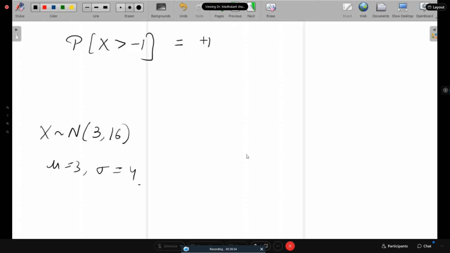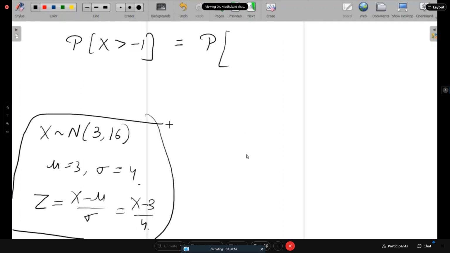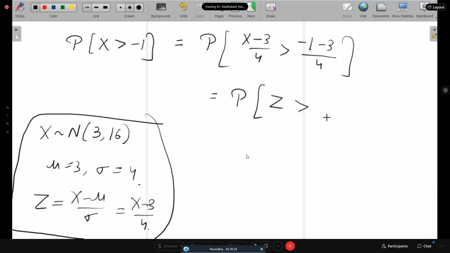First I'm going to standardize it: z equals x minus mu by sigma, so that's x minus 3 by 4. So the probability that x minus 3 by 4 is greater than -1 minus 3 divided by 4, and that's going to be the probability that z is greater than -4 by 4, which is -1.